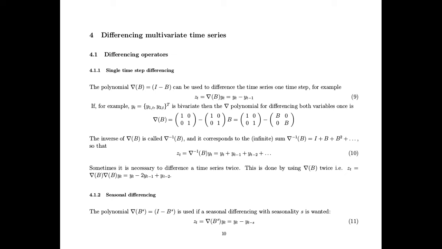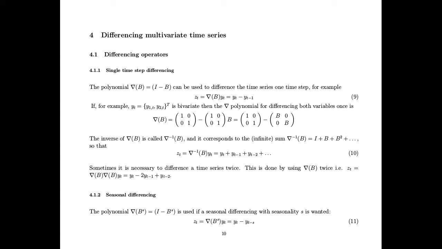But for a multivariate series, what is the obvious pick? You can do, as is done right here, just the same thing in a multivariate setting. Everywhere you had a 1, you have the identity matrix, and when you have a B, you put the identity matrix in front. This means that you take all variables, in this case 2, and make a first order difference.